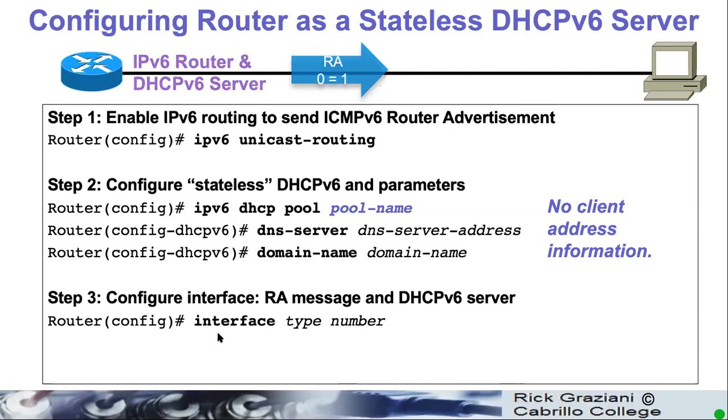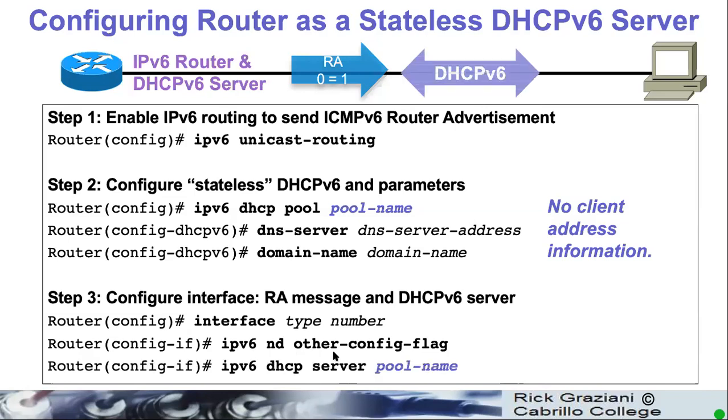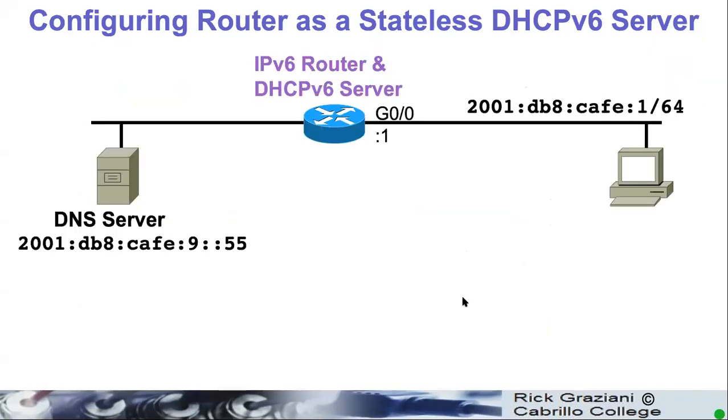Then on the interface, this is where we set the other config flag to 1. And then we also will say, hey, by the way, I am a DHCPv6 server, and that pool name will be associated with the pool name up here. We'll see the commands for that in a moment.